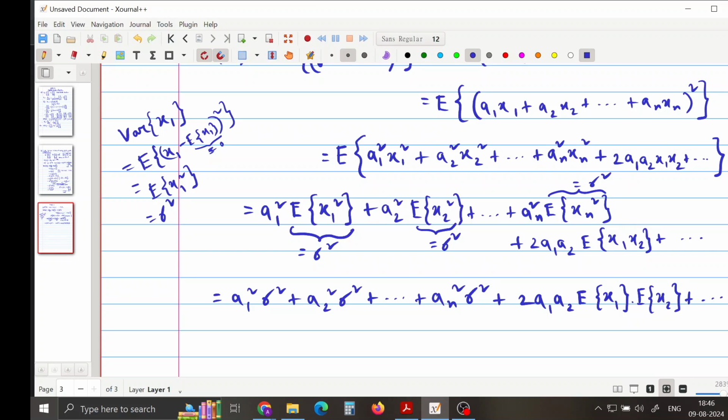If I have n independent random variables, x1, x2 all the way till xn inside the expectation as product terms, then I can split them as expectation of x1 times expectation of x2 times all the way till expectation of xn. So I arrived from here to here by independence of random variables.